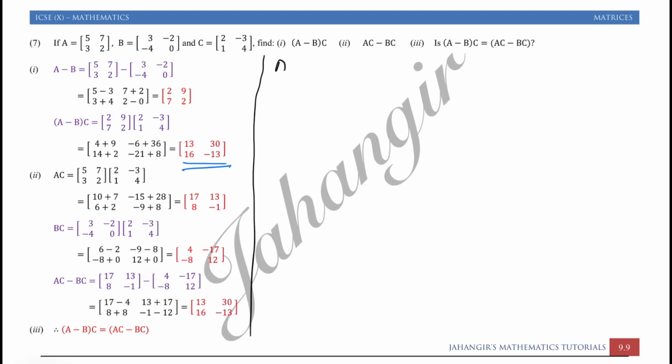Now we are finding AC. So A multiplied by C. A is [3, -4; -2, 0] into C. C is what? [2, 1; -3, 4].